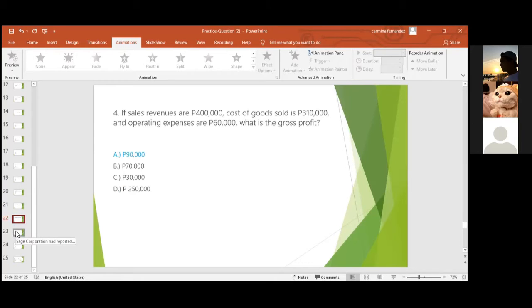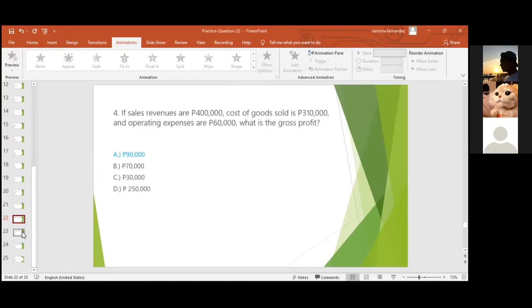So, ang sagot dyan is letter A, 90,000. Kasi ililess lang natin yung cost of goods sold sa revenues para mag-come up tayo sa gross profit. Hindi natin papakialaman yung operating expenses kasi sa after gross profit pa yun.